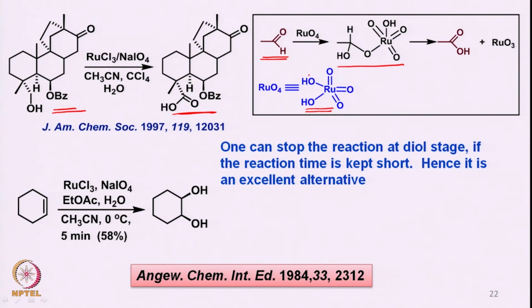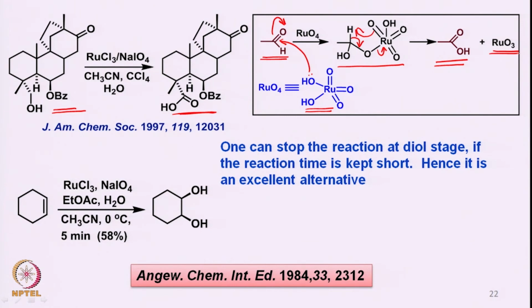So, the hydroxy group here attacks onto this aldehyde and you move this electron pair from there to form this intermediate, and that undergoes oxidation here like this to form the corresponding carboxylic acid, and during the process you release the low valent ruthenium species, which again of course reacts further.